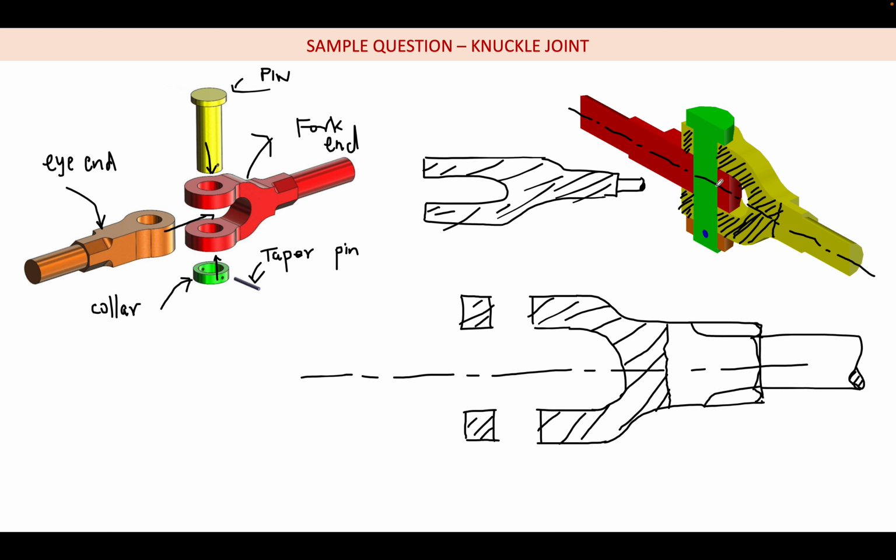fix. For example, this line is there, so maybe it will sit somewhere here. Again this line will be there, corresponding to this line. If I am going to section, here also I am going to section only up to the square portion. So I will use some minus 45.